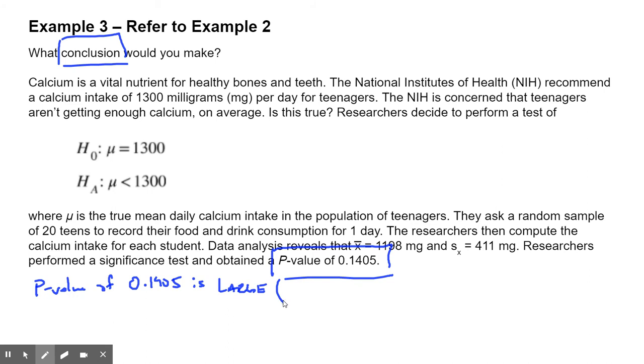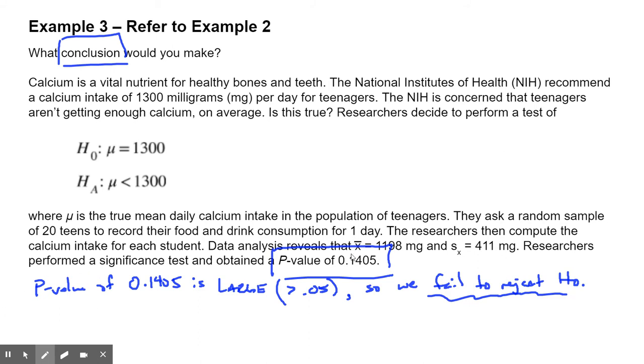And the reason it's large is because it's greater than 0.05. 14% is more than 5%. So because it's large, we fail to reject the null. If it was small, we would reject the null. But here we fail to reject the null.